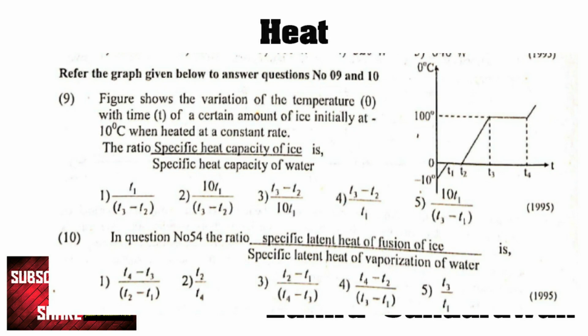The figure shows the variation of temperature theta with time t of a certain amount of ice, initially at minus 10 degrees, when heated at a constant rate. The ratio of specific heat capacity of ice divided by specific heat capacity of water is asked.